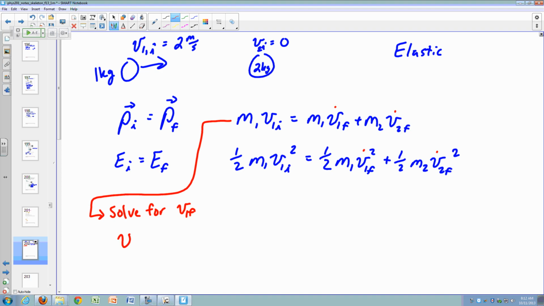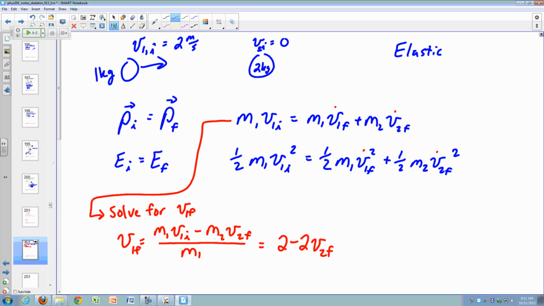So v1f here, just solving this, is going to equal m1 v1 initial minus m2 v2 final, divided by m1. And that's equal, just using the numbers that I have, to 2 minus 2 v2f.